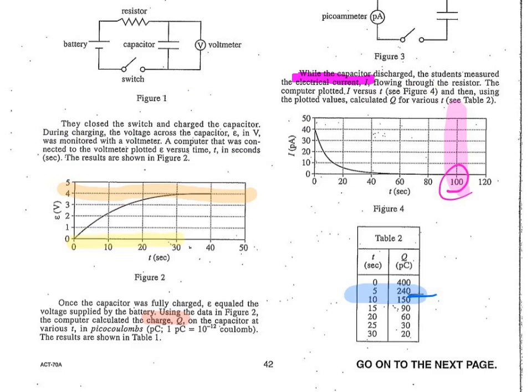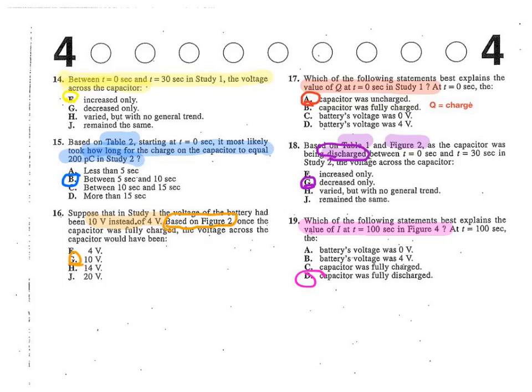Now up here it explained to us that I is the electrical current. So if we look at figure 4 over here, we see electrical current based on time. If we go down to 100 seconds, we could see that electrical current is at 0. So it's safe to say that the capacitor was fully discharged.